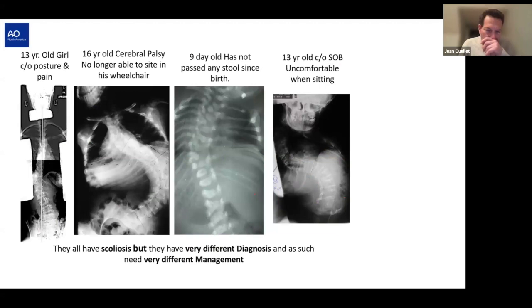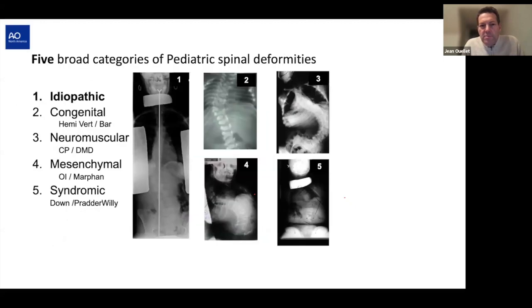He has pain, and he seems to be always falling off the side of his chair. Compared to the 9-day-old who has not passed stool since birth, and on chest x-ray has some abnormalities in respect to his overall shape of his spine. And that child is very different than this 13-year-old who complains of shortness of breath. So all these patients have scoliosis, but they have very different diagnoses and as such very different management.